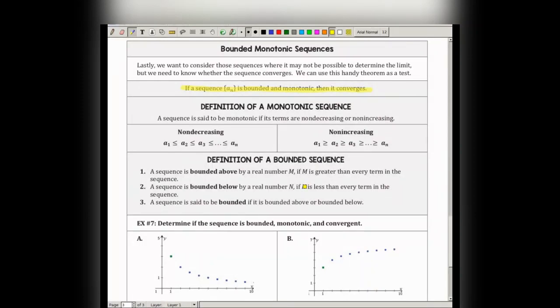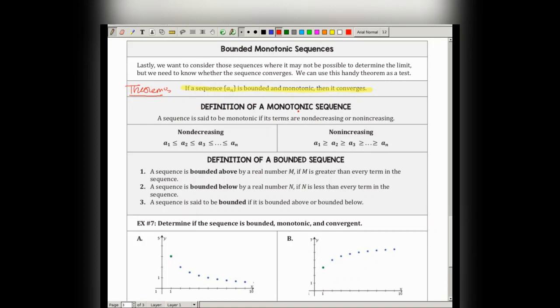Anybody know? Yes, only increasing or decreasing. It's right here too. So this is a theorem that I want you to keep in mind. If it's bounded and monotonic, then we can say that it converges.